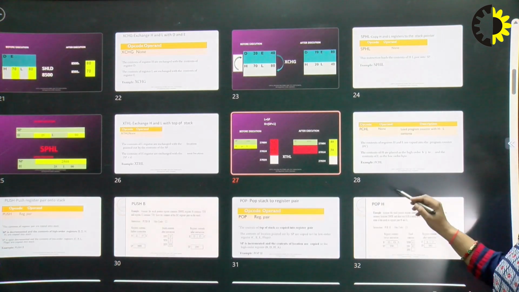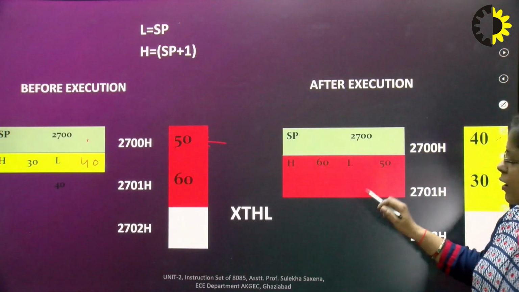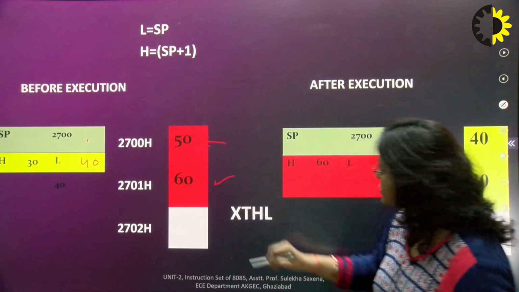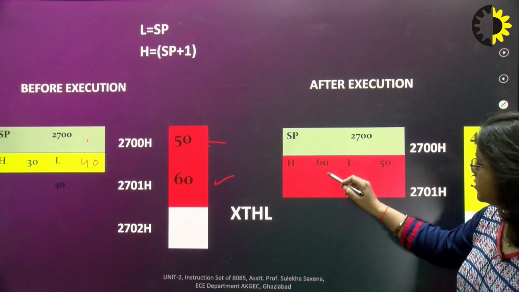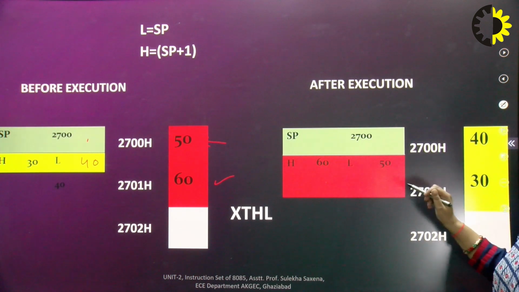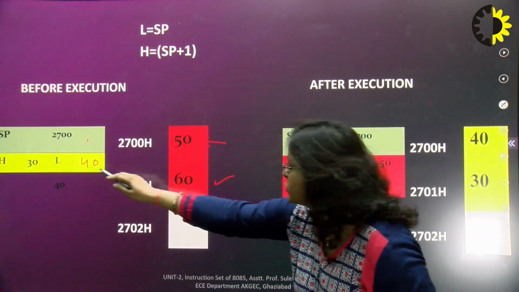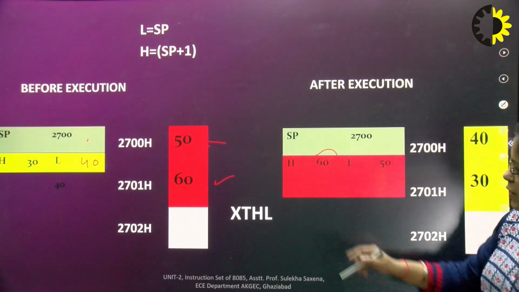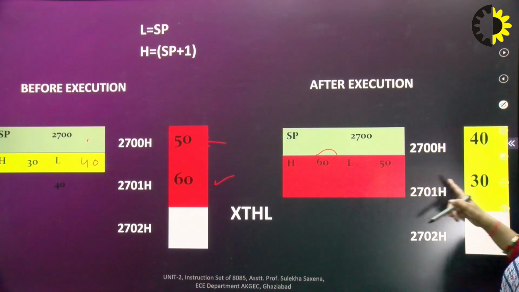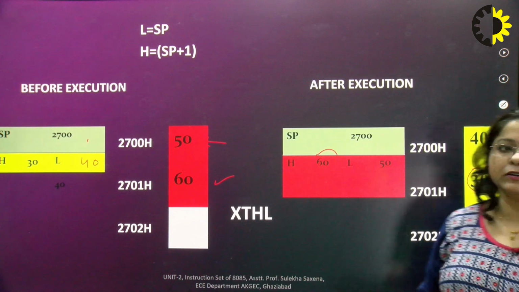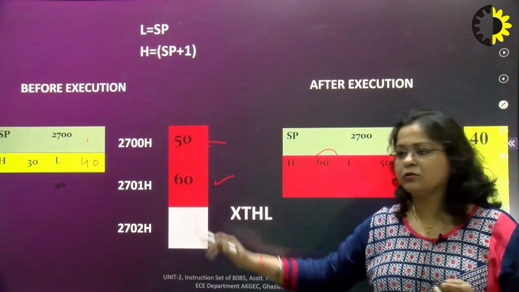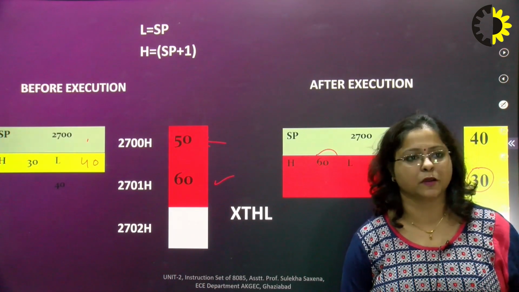Similarly, H is interchanged with SP plus 1, which contains 60. Both will be interchanged. So H will contain 60 and the SP plus 1 address will contain 30. So H and L will be interchanged with the 2700 and 2701 values respectively.